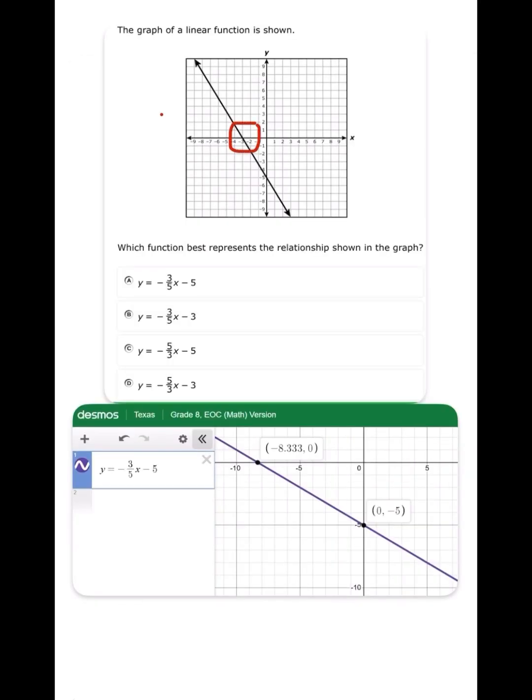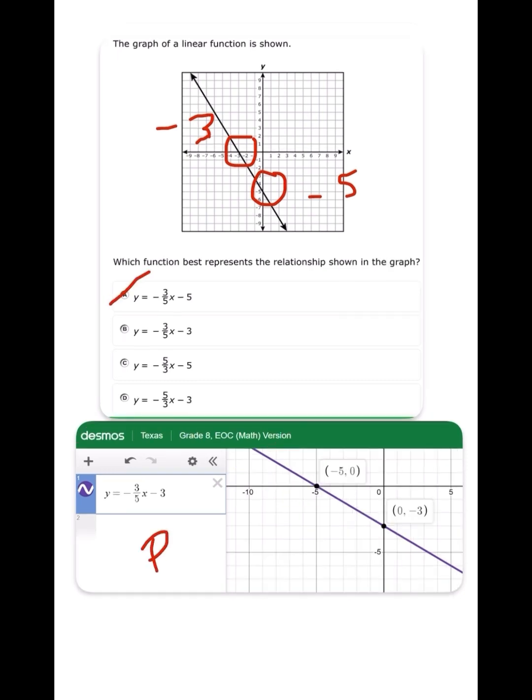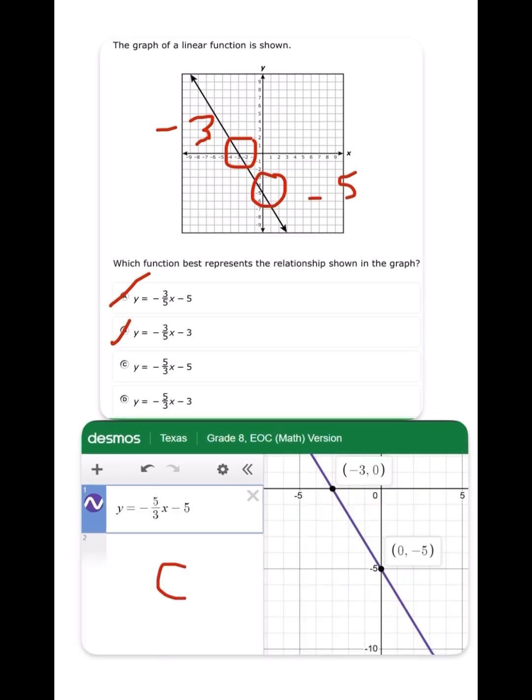The x-intercept is -3 and the y-intercept is -5. Only the graph of answer choice C produces the same x and y-intercepts.